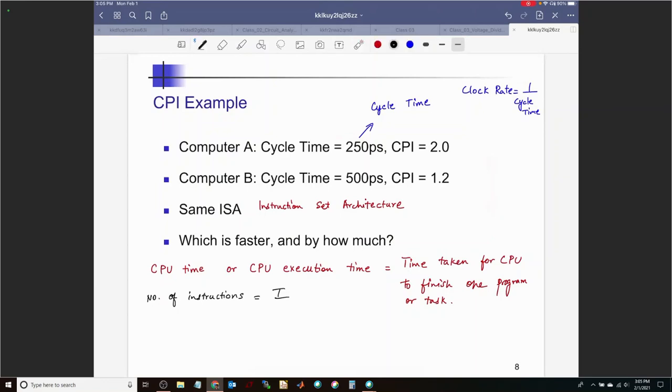Next, what is this guy? Can I say that CPU time equals the clock cycles per program multiplied by the cycle time?